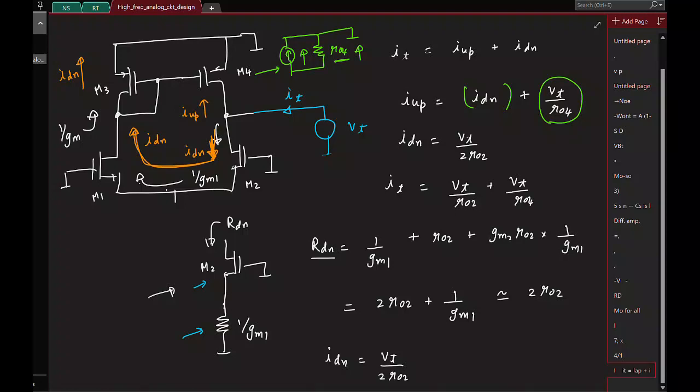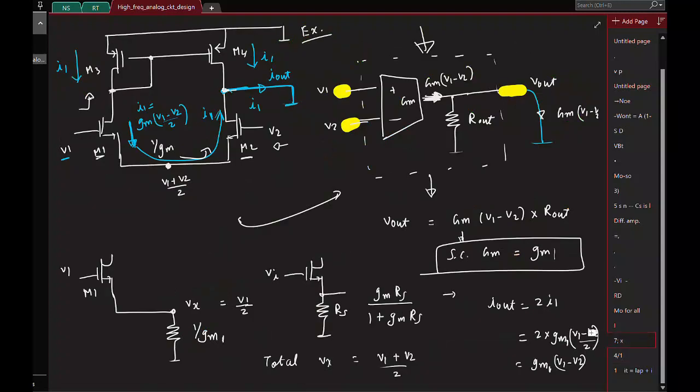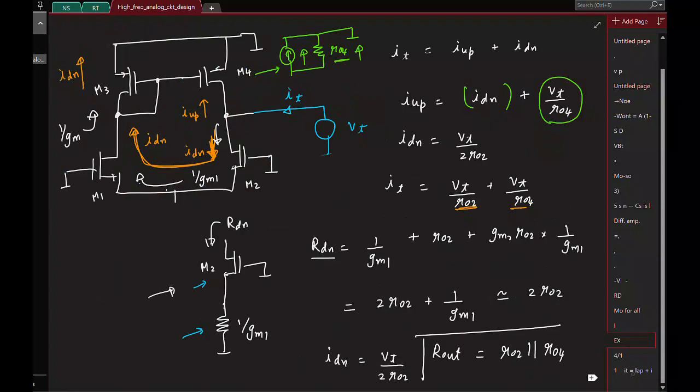Okay, so what is the impedance? It is basically the parallel combination of R02 and R04, right? So basically R out, I'll probably write it here, R02 parallel R04. Okay, so basically you just have the current between these guys. So the short circuit GM we saw was GM1. The output impedance is R02 parallel R04.